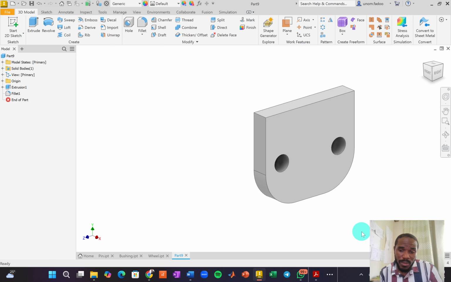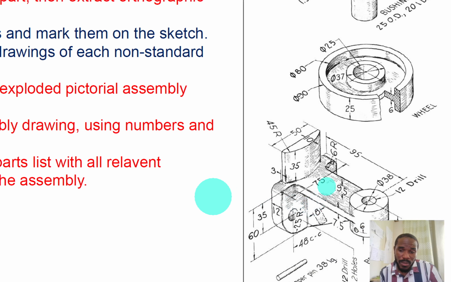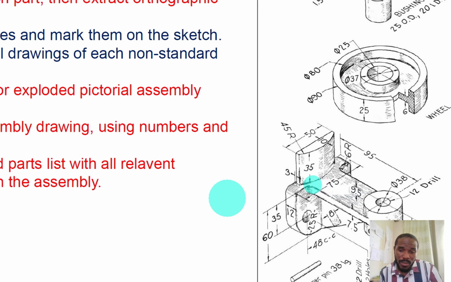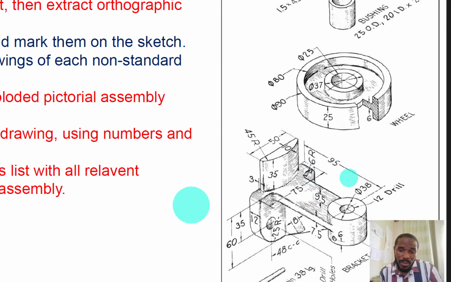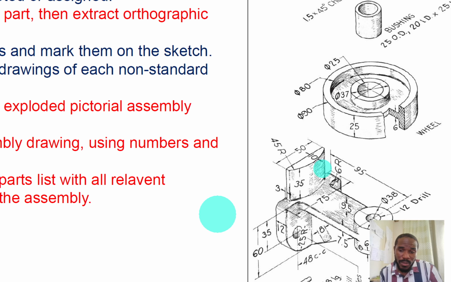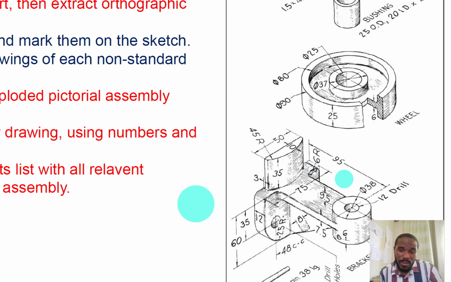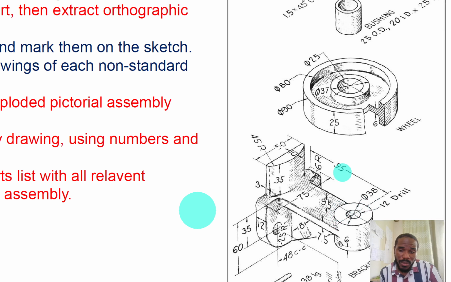We have that base. Now the next feature I would like to add is this long aspect that comes here like this. The length, you see there's a 95 here that says from the back end of what I've just created up until the center of this cylinder is 95, right?